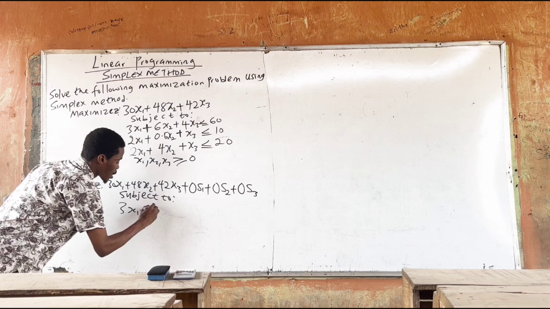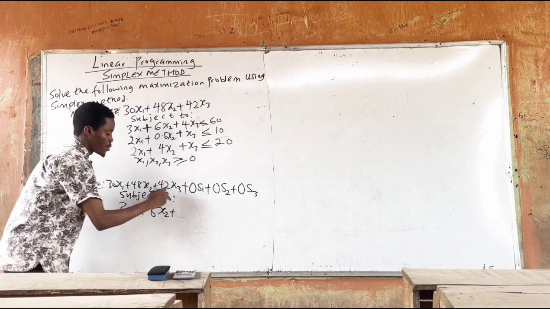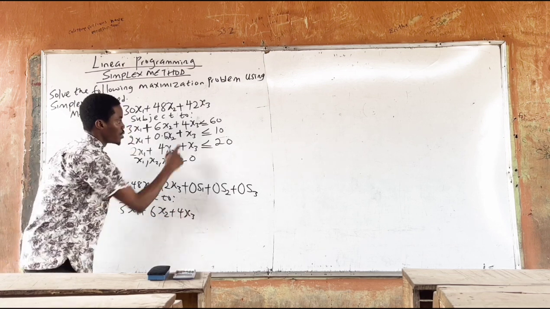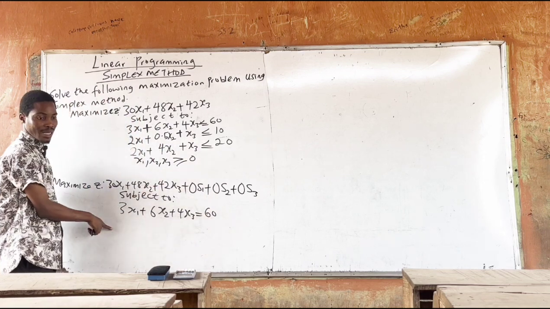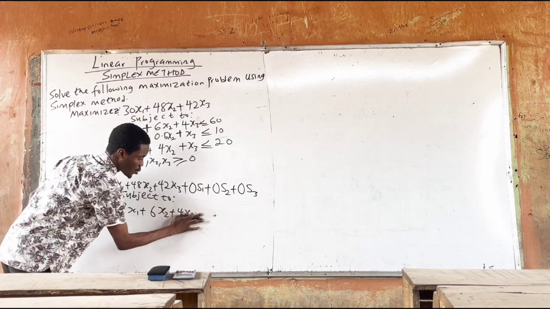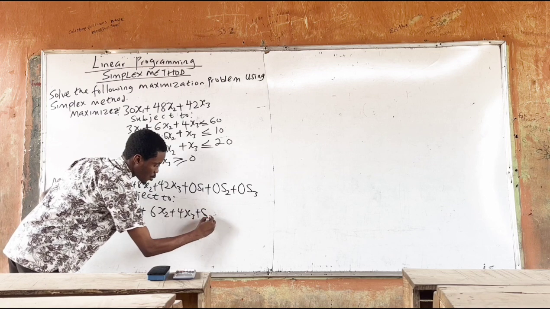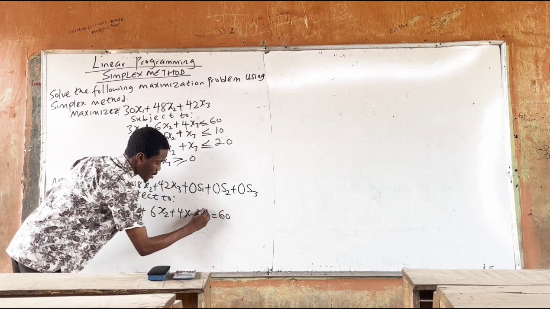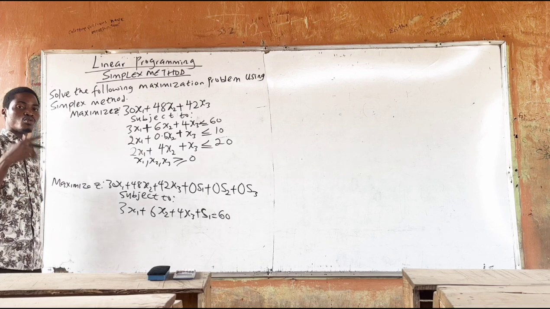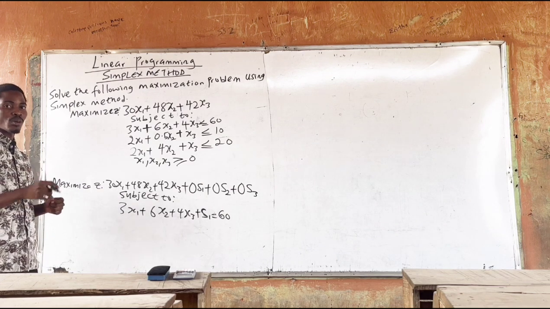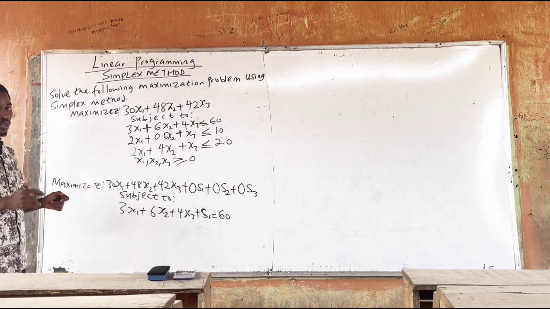3x1 plus 6x2 plus 4x3 is equal to 60. Remember, I'm going to add my slack variable to it, so it will be plus s1 is equal to 60. You know the function of a slack variable: a slack variable is used to absorb the unused resources.